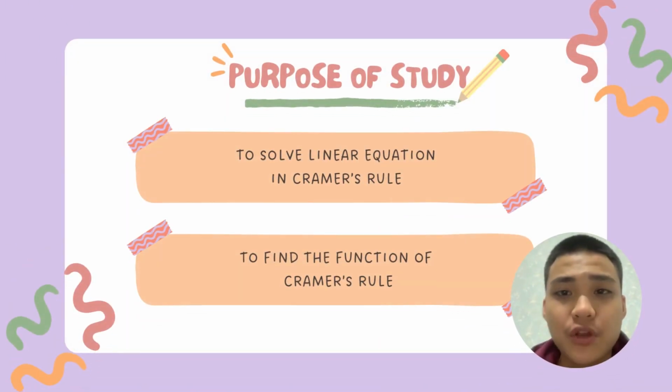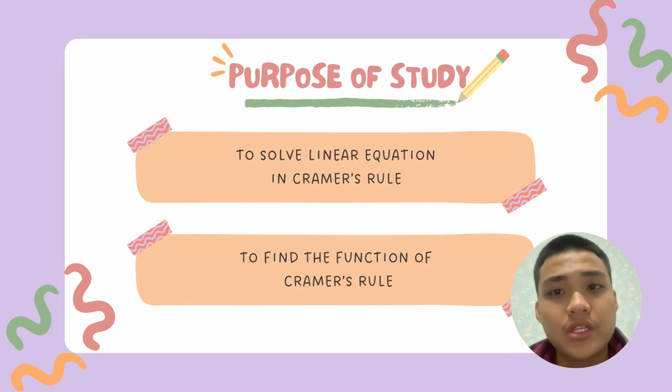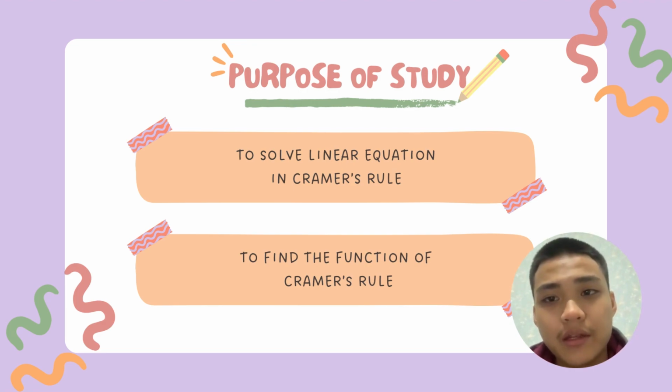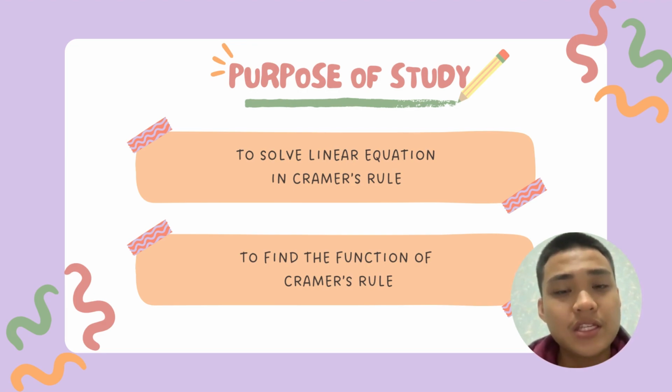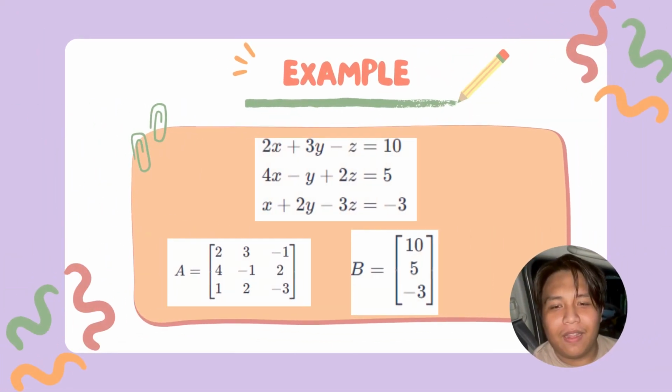And for the purpose of study, the first one is to solve linear equations using Cramer's rule. And the second one is to find the function of Cramer's rule. Okay, here is an example for Cramer's rule.